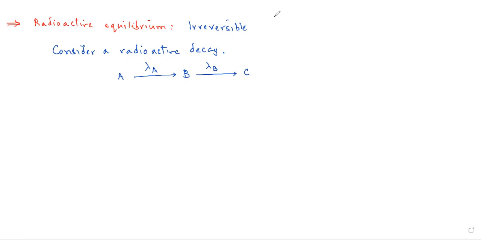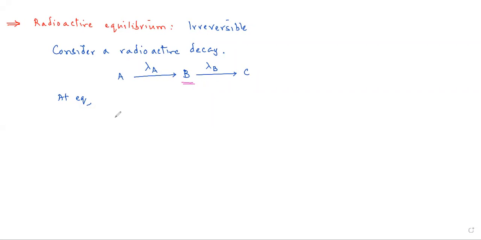And see, at equilibrium, considering this B, we can state what radioactive equilibrium is.